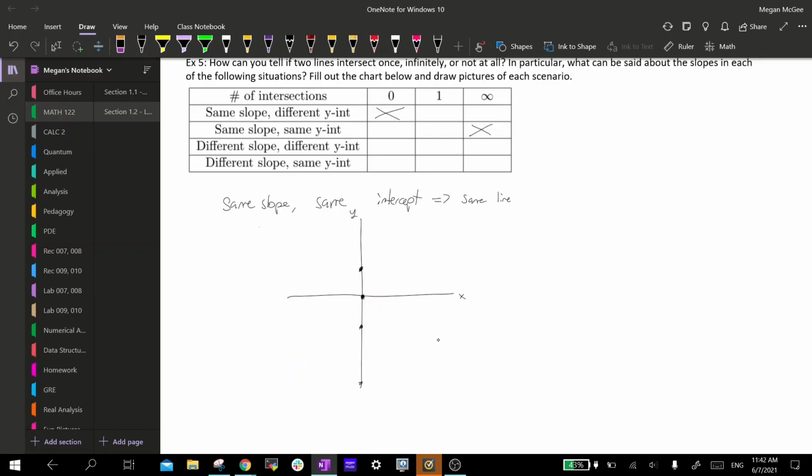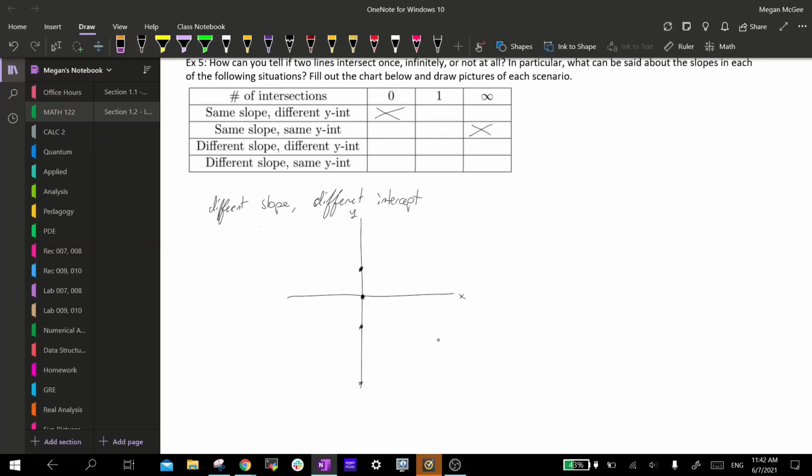All right, now how about a different slope, different intercept? Different slope, different intercept.